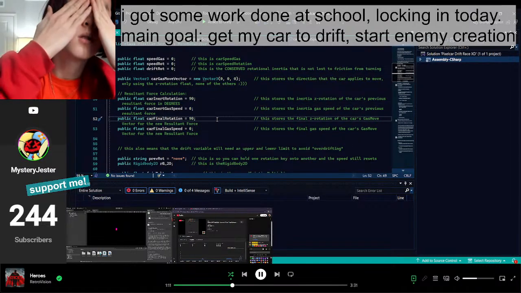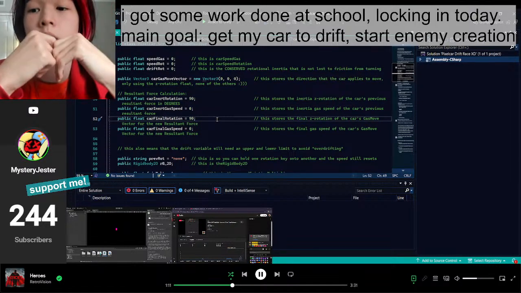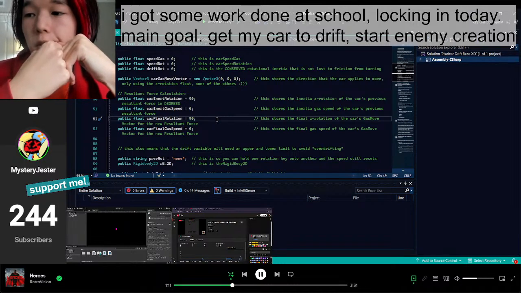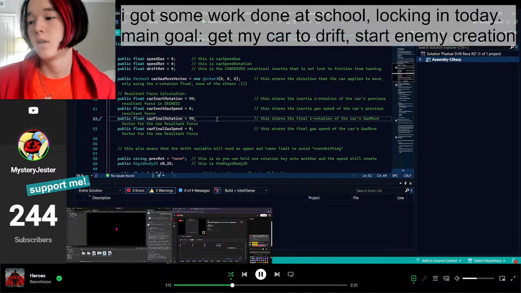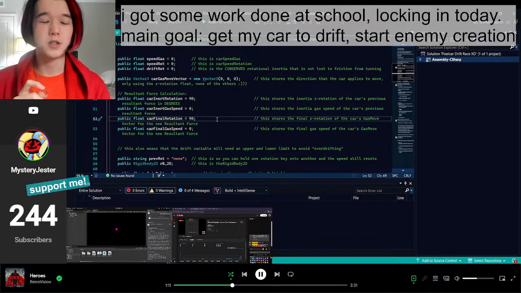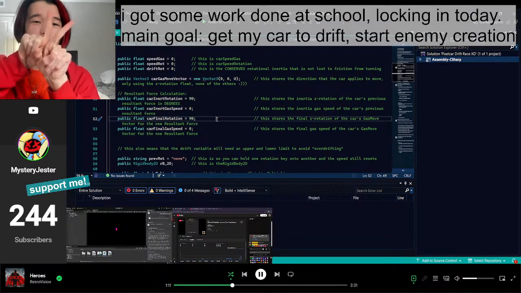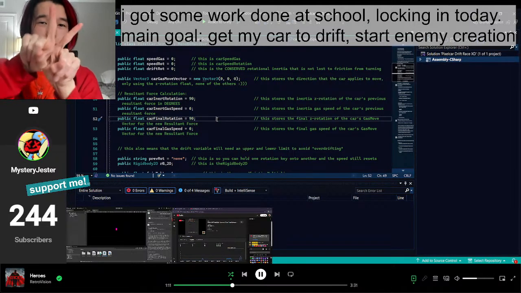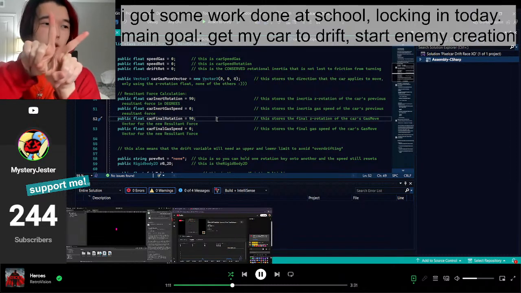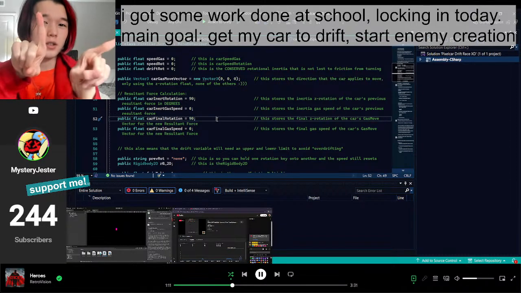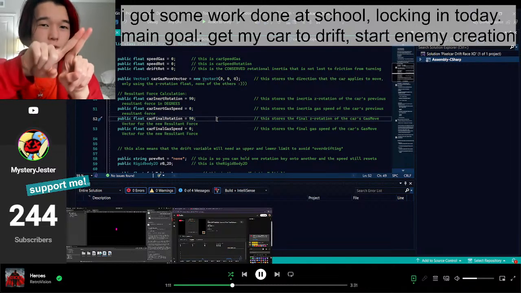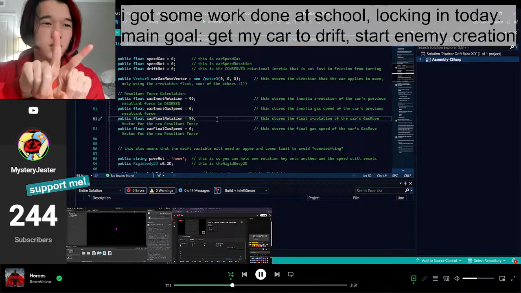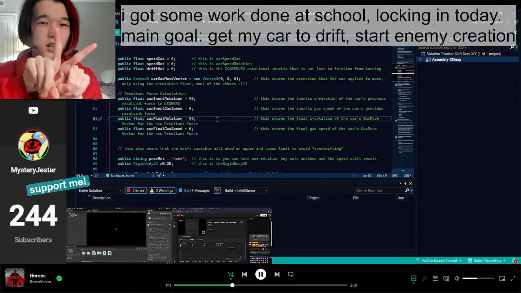Because the reason why I didn't want to just do one singular speed variable is because if you really think about it, there are 2 different speeds acting against each other. Like, if you have a speed going this way and a speed going this way, this one isn't going to just apply to the new direction 100%.